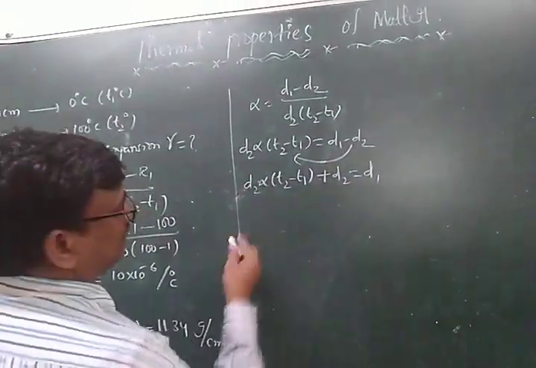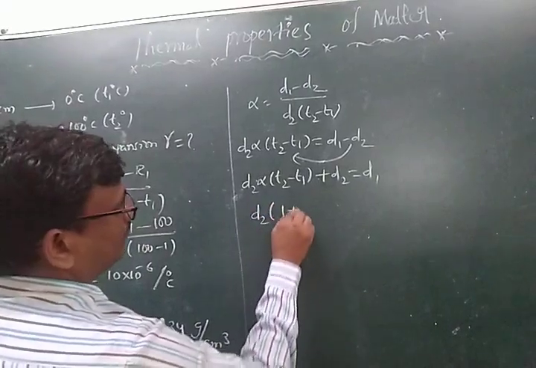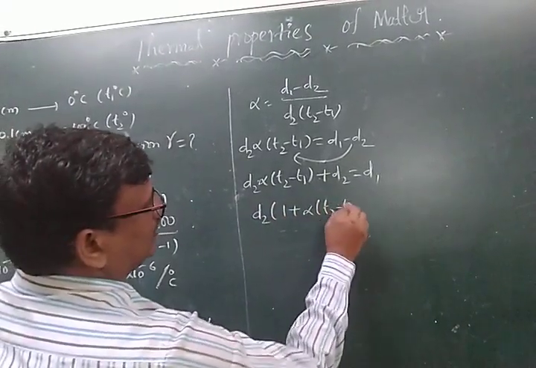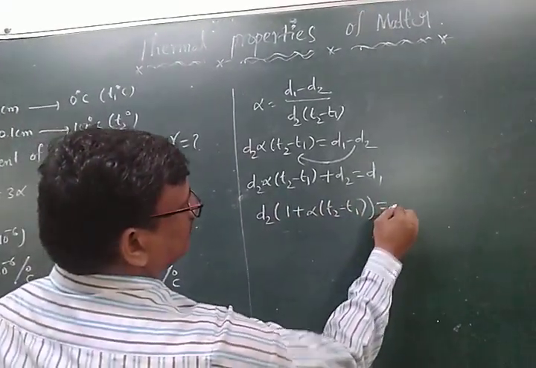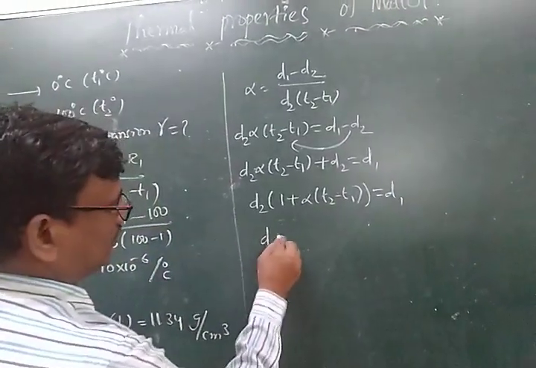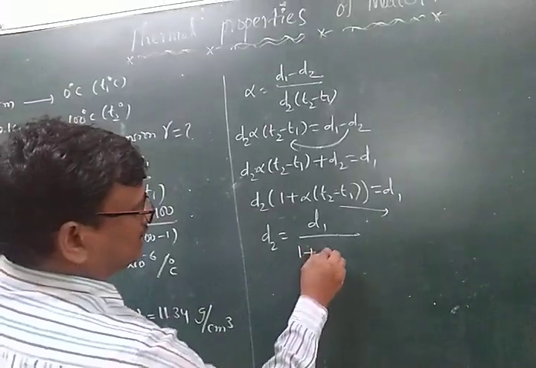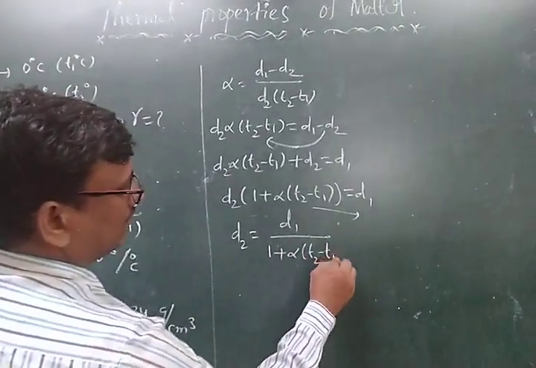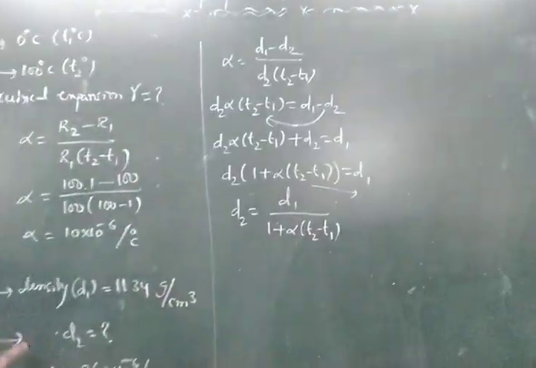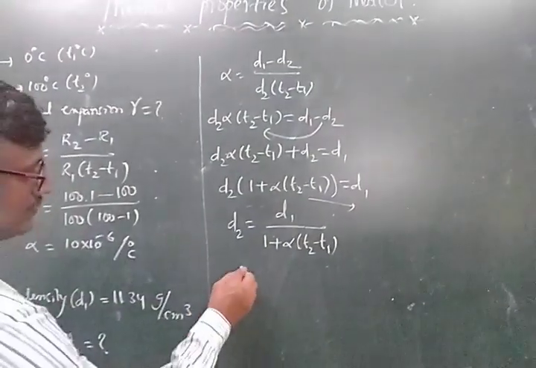And then taking D2 common: D2 into (1 plus alpha into (T2 minus T1)) is equal to D1. Then D2 is equal to D1 by (1 plus alpha into (T2 minus T1)), because of that we can find the D2 value. Then substitute the values.